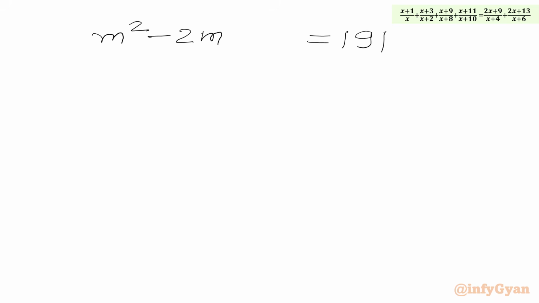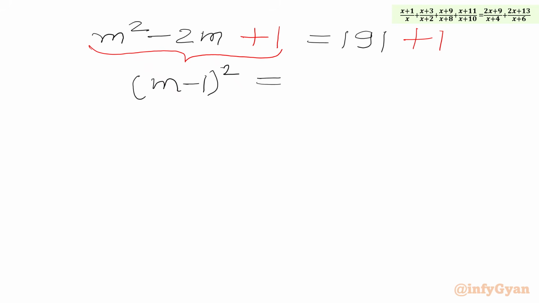Now we will be using the completing the square method. So we need to add 1 to both sides, so that our LHS will give us a perfect square of m minus 1. So we can write m minus 1 whole square equal to 192, which can be written as 64 times 3, or 8 square times 3.